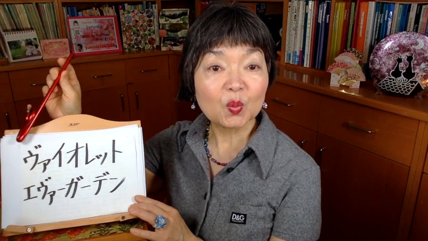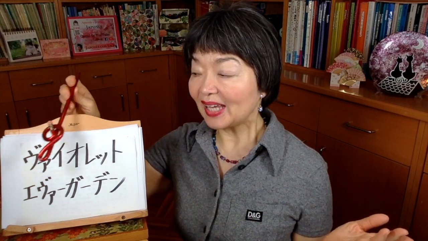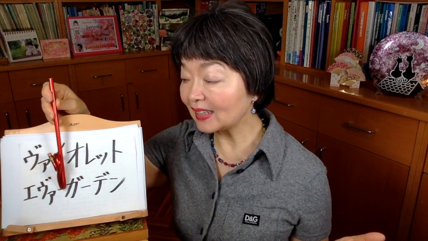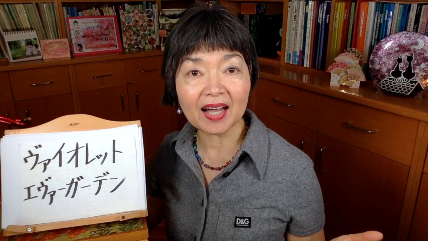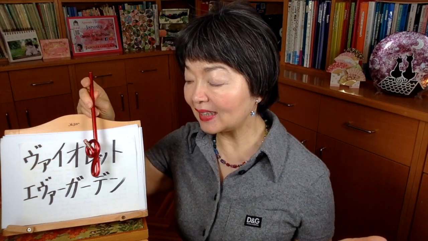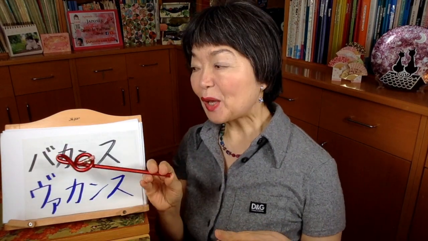Va, violet. These two, so we jump the sound. Violet, eva, this is the long sound. Eva, garden. Violet Evergarden.